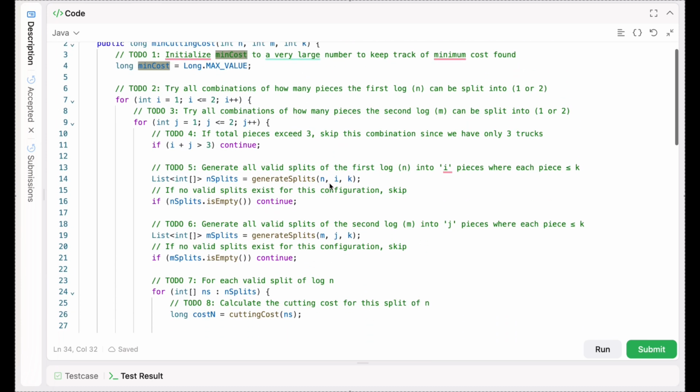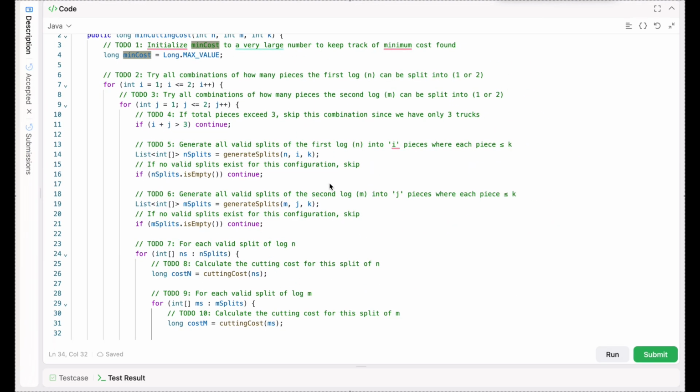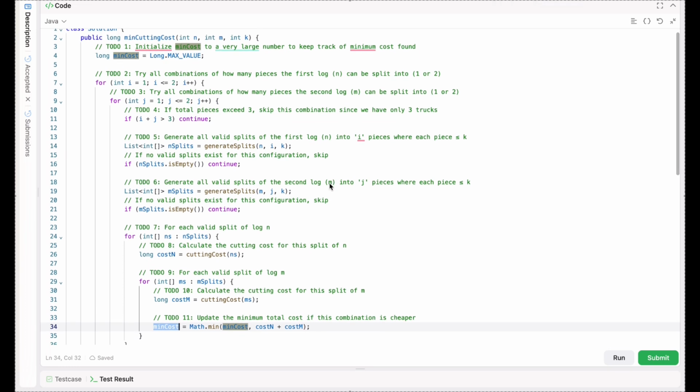What you need to do? Let me zoom. First you initialize the minimum cost to a very large number, so you can update it with the minimum. For each possible number of pieces for n, 1 or 2, we'll go for the pieces and then generate all the valid splits.